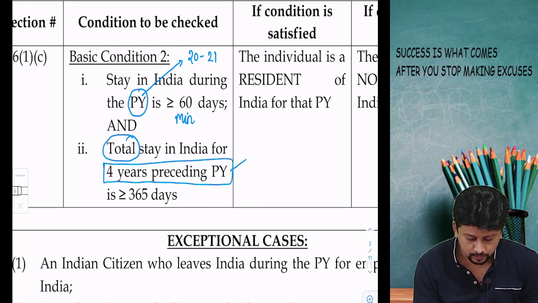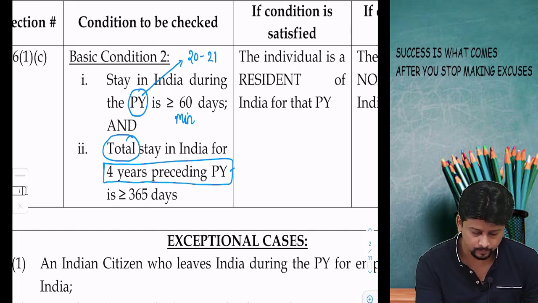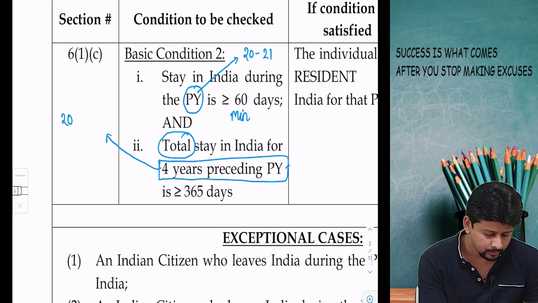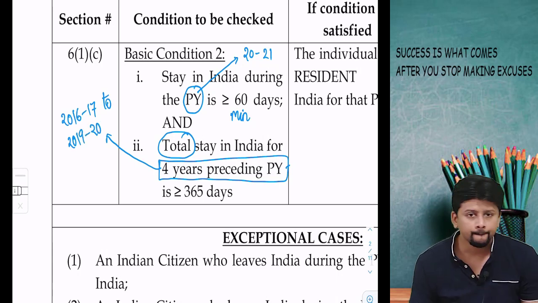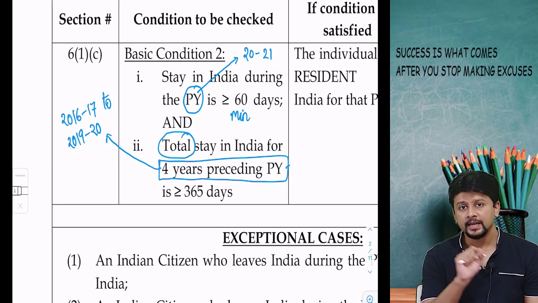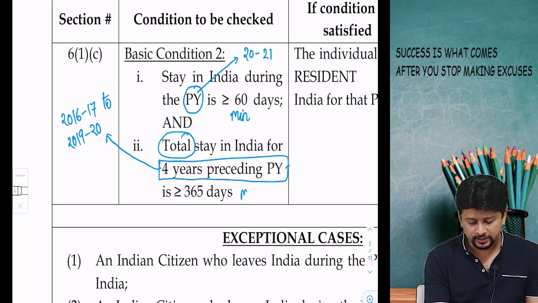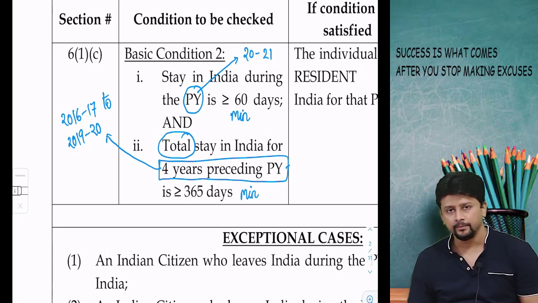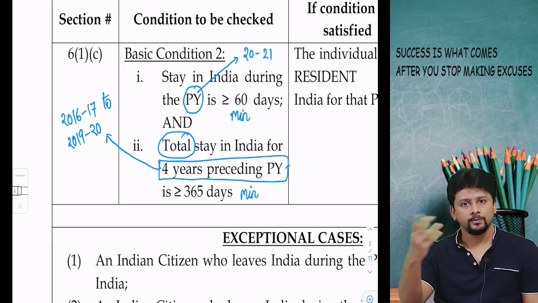So those 4 years are going to be preceding 2021, starting from 16-17 going up to 19-20. For those 4 years in totality you should have stayed in India for a minimum of 365 days. It can be 365, it can be more than that.